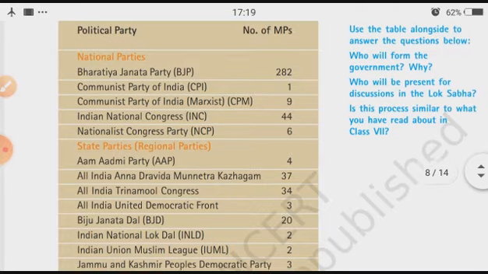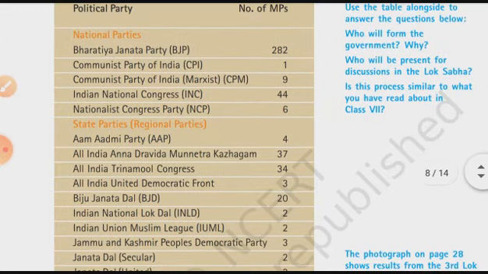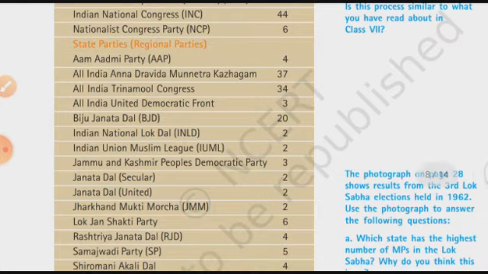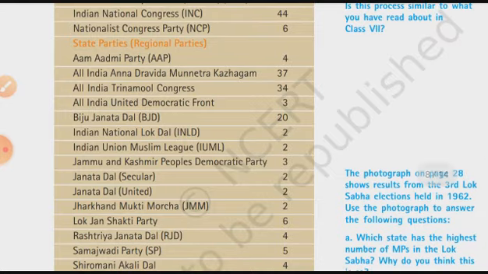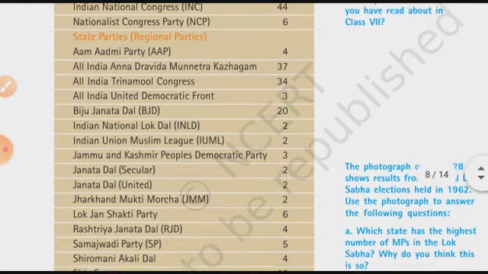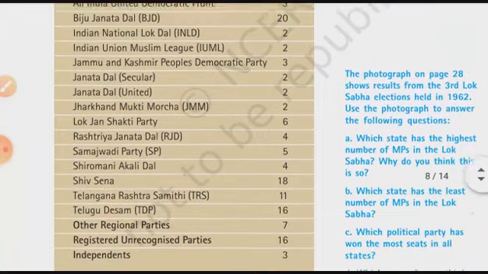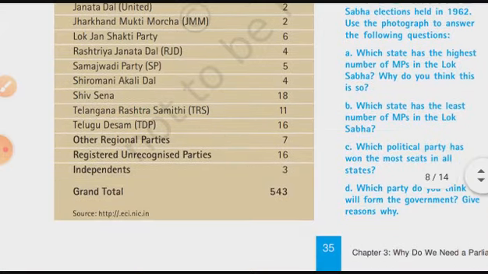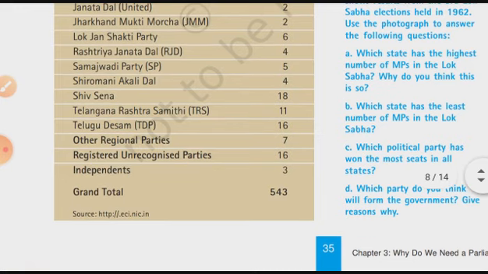So you can see how the different political parties have received different numbers of candidates at the central level, mainly for the parliament. Then see here the grand total, that is 543. Although the total members are 545, two members are nominated by the President of India from the Anglo-Indian community.